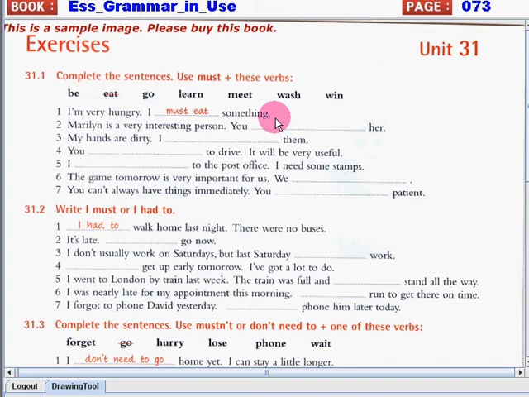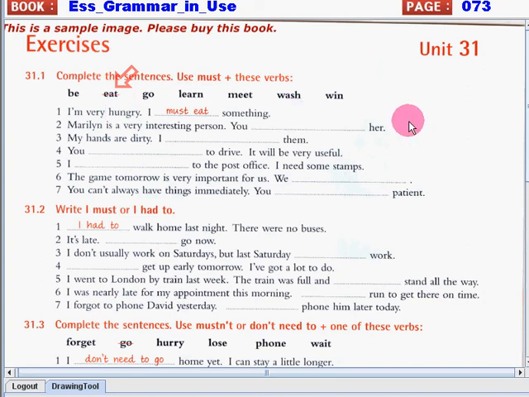I must eat something. If someone is hungry, what must that person do? That person must eat something. That's why we got the verb eat, because the problem is that the person is very hungry.